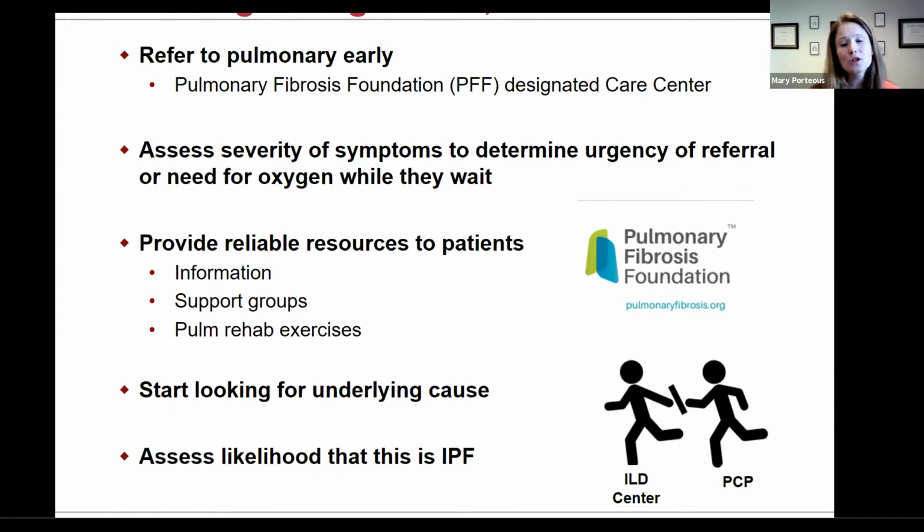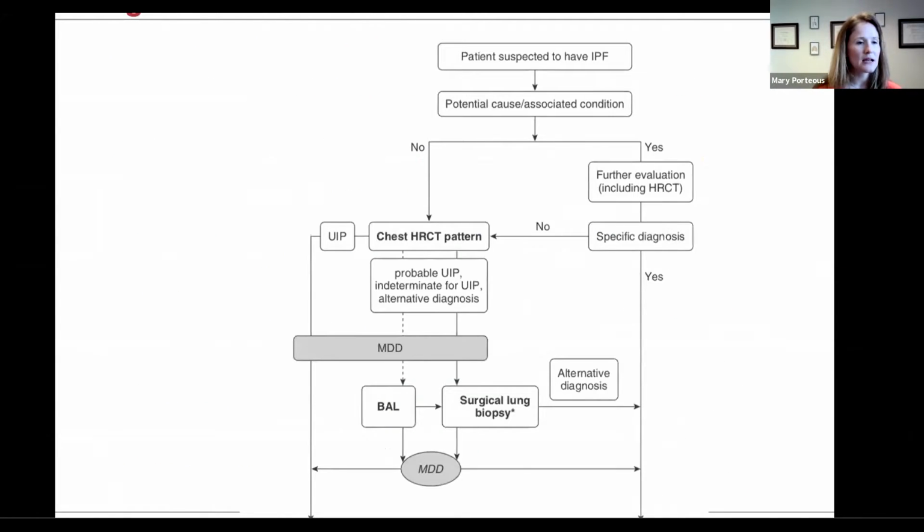And then start looking for an underlying cause. Said another way, assess the likelihood that the interstitial lung disease is the scary one, IPF. So how do we do that? Again, I will save you the multiple iterations that these diagnostic criteria went through, but needless to say, in 2018 the most recent guidelines on how to diagnose IPF came out through the ATS and ERS.